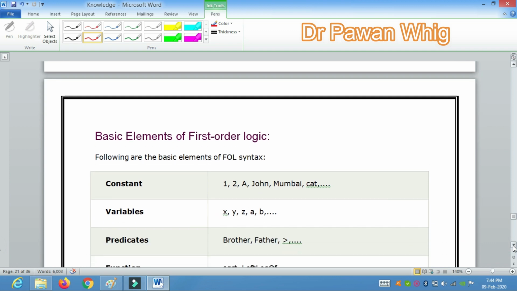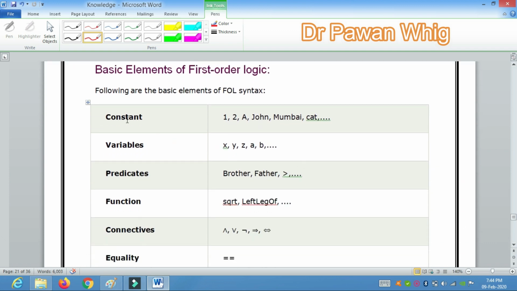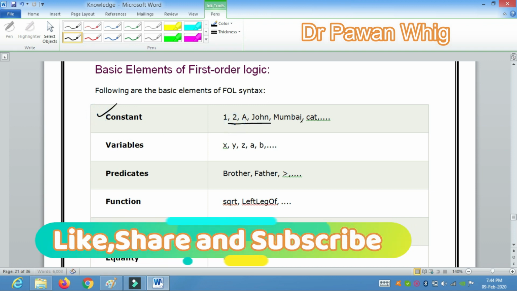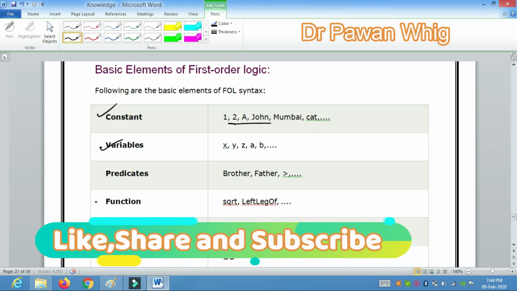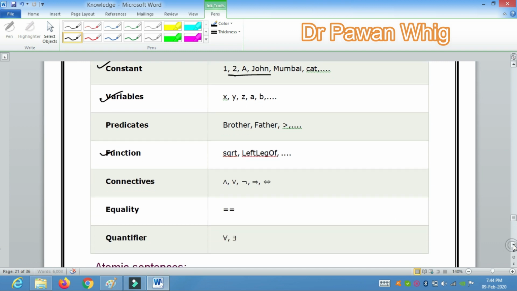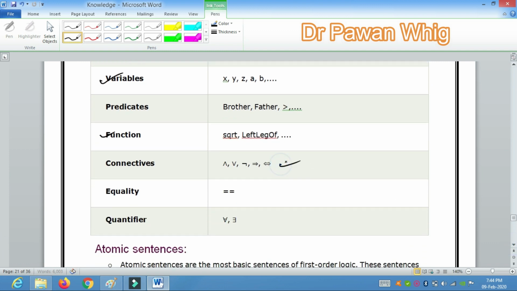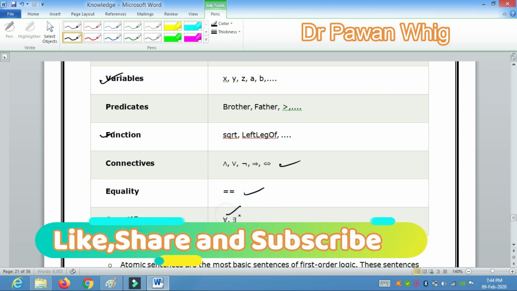To understand FOL, you first have to understand these terms. One is constant, that is a constant number or name. Variable, which does not have a fixed value. Predicates like father, brother. Functions like square root, left, right. Then connectives, the same that we read earlier. Equality, double equal, and quantifiers. This is for all, this is for every.